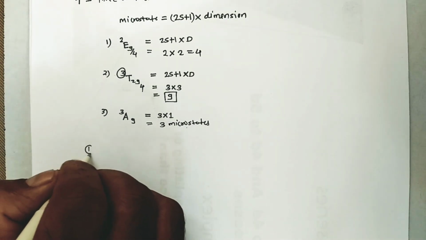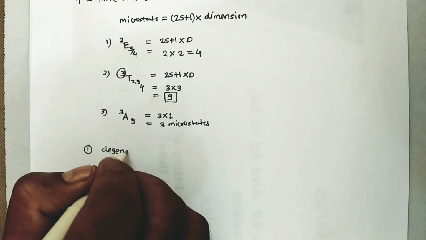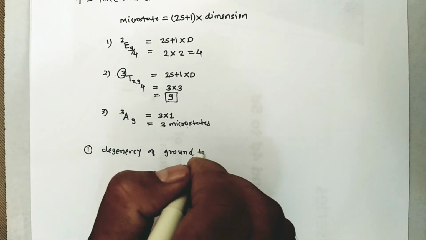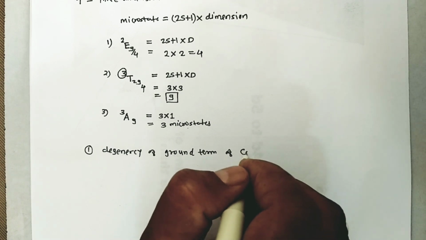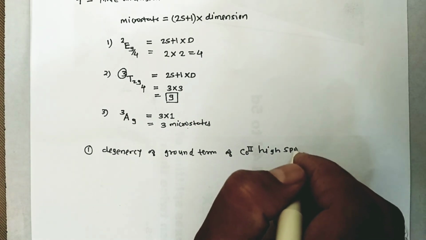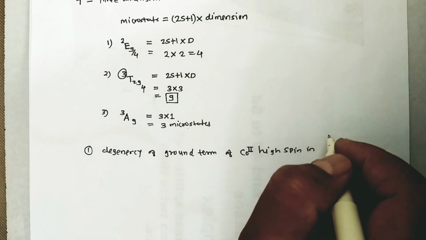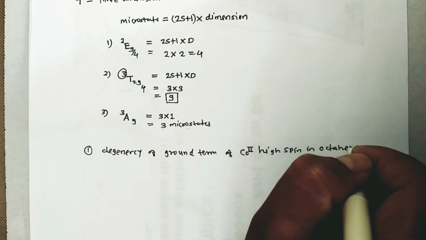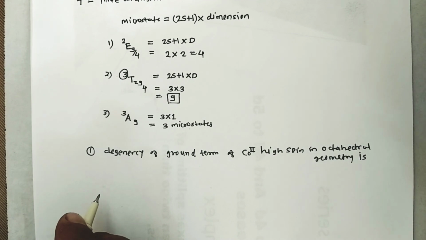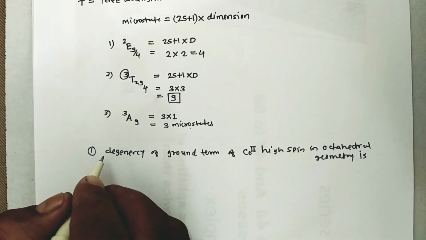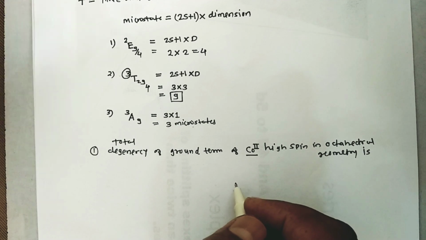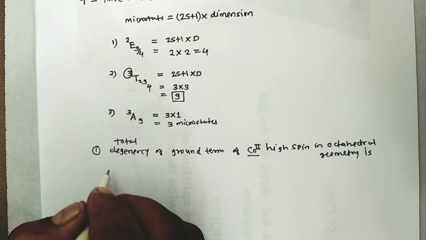The question was: what is the total degeneracy of the ground term of Co2+ high spin complex in octahedral geometry? Here one should know what is meant by degeneracy.